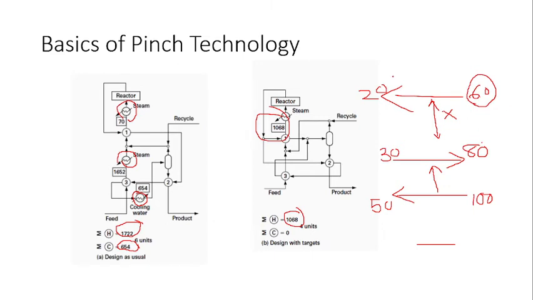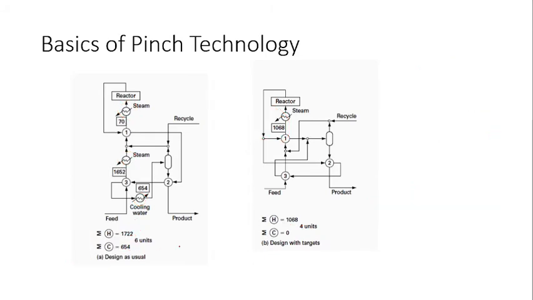So even though this has heat to be supplied, because it needs to be cooled from 60 to 20, and this needs heat from some stream because it needs to get heated from 30 to 80, the exchange is not possible here. So it's not only about the amount of heat, it is also about the temperature scales which you have to keep in mind. Is it making sense to everyone, I suppose?